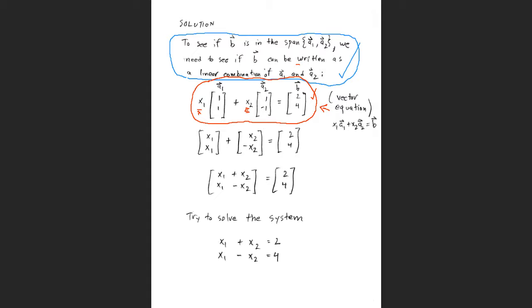What we're going to do is multiply through the scalars x1 and x2, as you see was done on the next step. Then on the left-hand side, we can add those two column vectors, as you see in the next step.